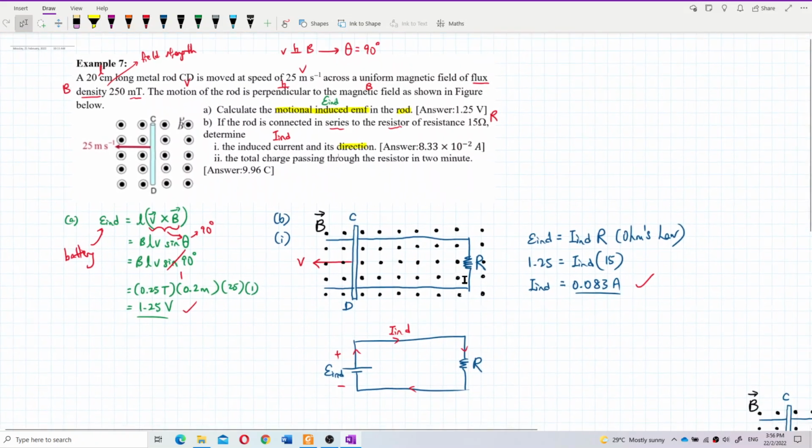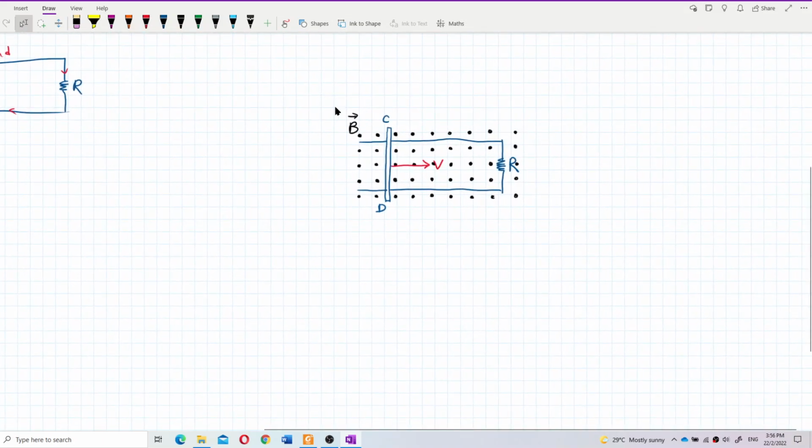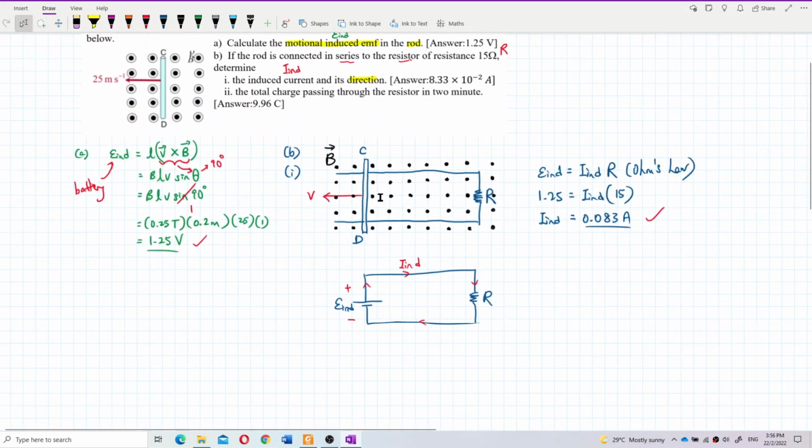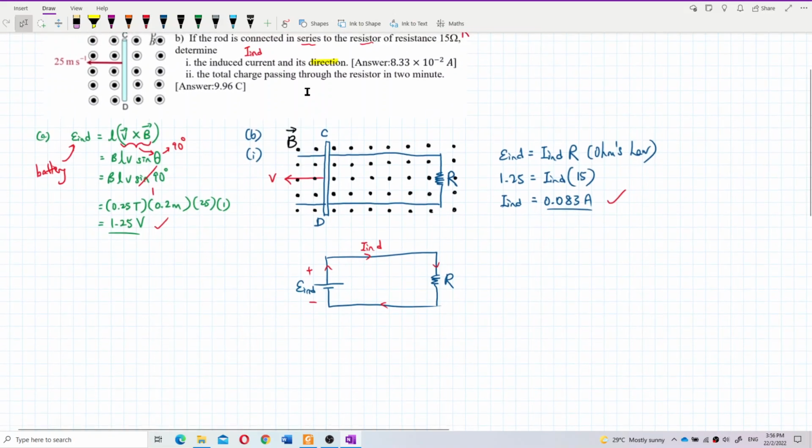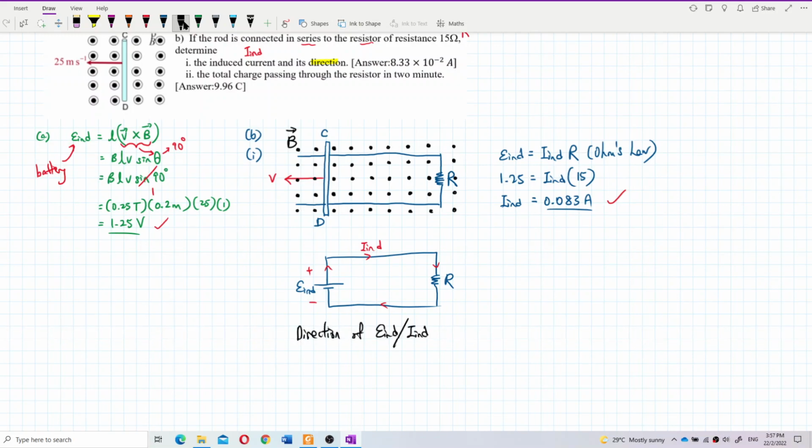For the direction of induced EMF or induced current for a straight conductor, there are two methods.